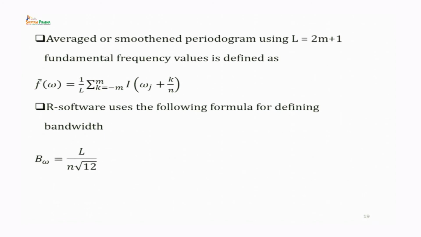So, for smoothing purpose, we have selected 2m plus 1 fundamental frequency values, and then we average all those values to determine the value of f curl omega at point omega.